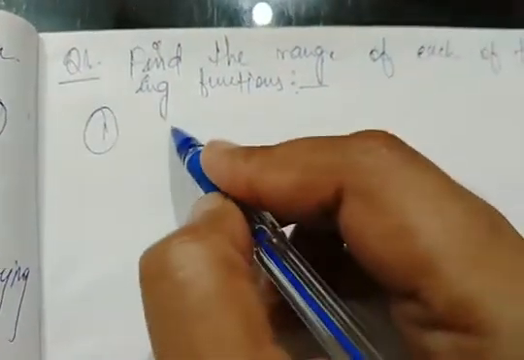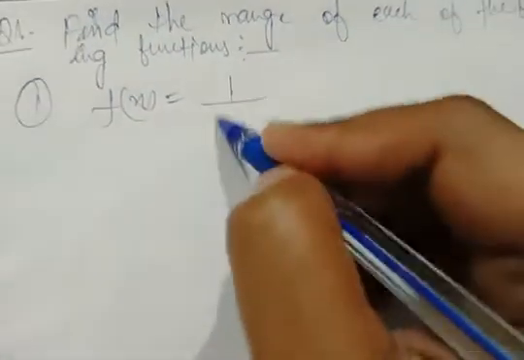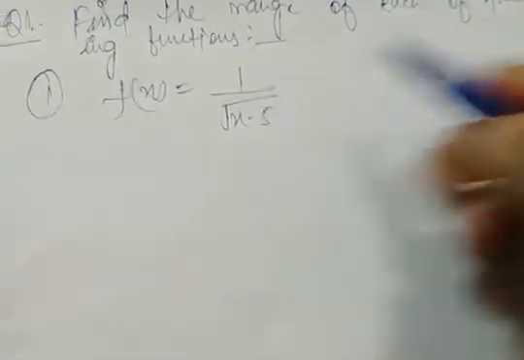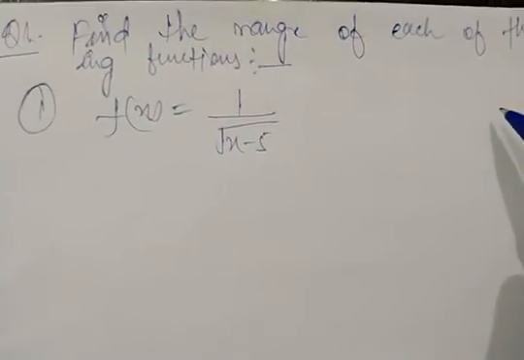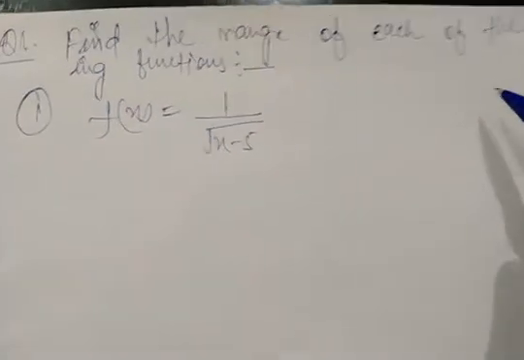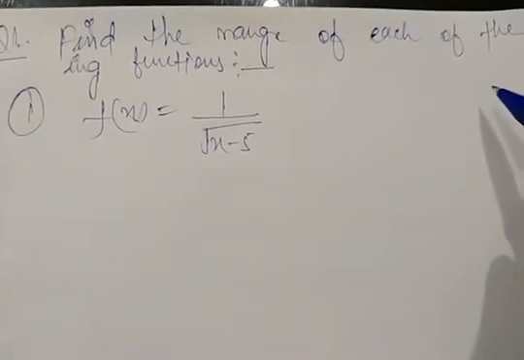first, f of x is equal to 1 upon under root (5x minus 5).